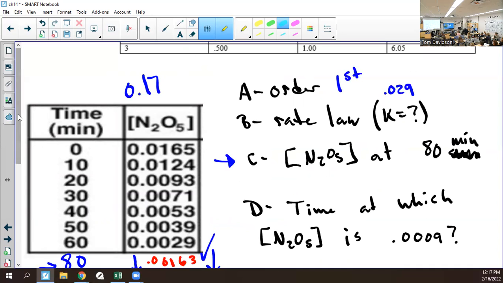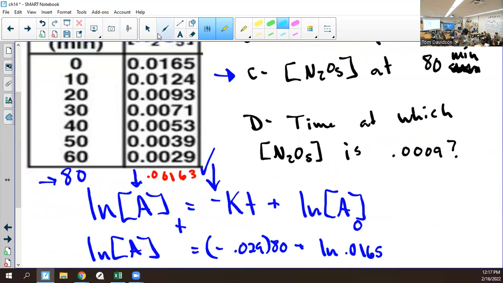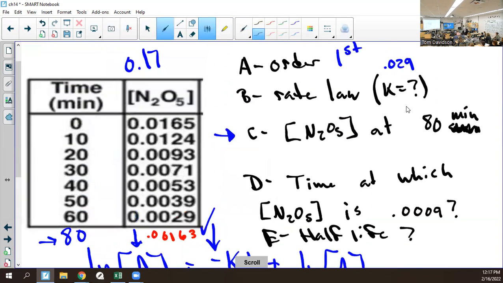So if I were to ask, what's the half-life of this, you could do that pretty easy, because look, we already have what? We already have k. We know it's a first order reaction. So to find the half-life, I just take 0.693 and divide it by 0.029, and that will tell me what the half-life is.